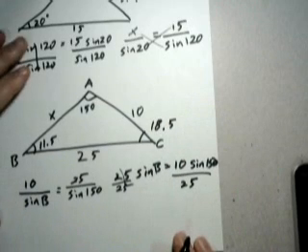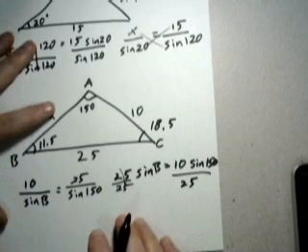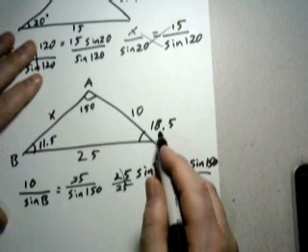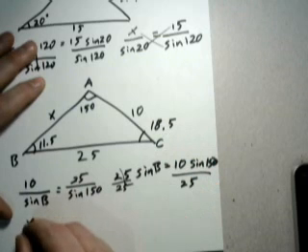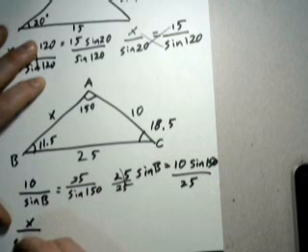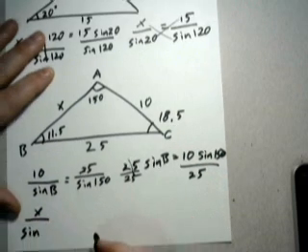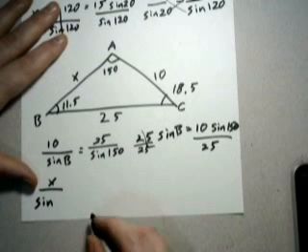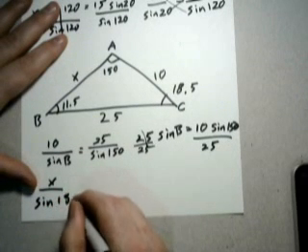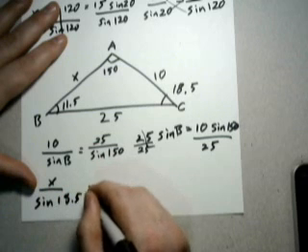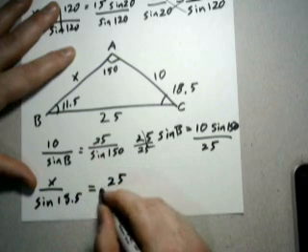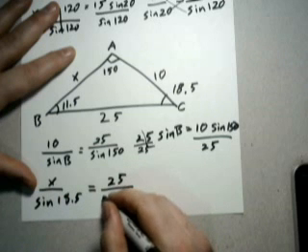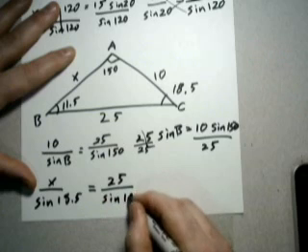So to complete this, to find x, I will say x over the sine of 18.5 is equal to 25 over the sine of 150.